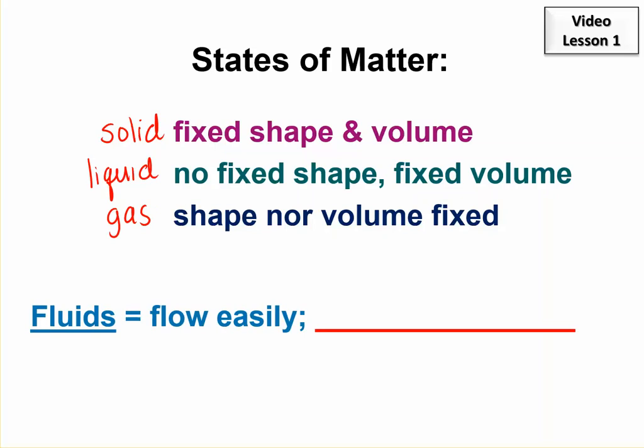Here's a couple other terms that go along with that. Fluids flow easily. So which of these states of matter flow easily? A lot of times when we think of fluid, we think of liquids, but truly gases flow easily as well.